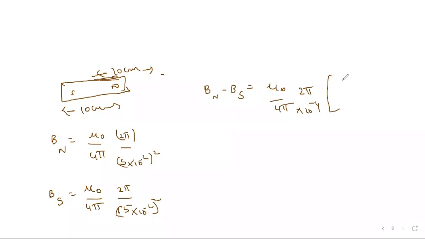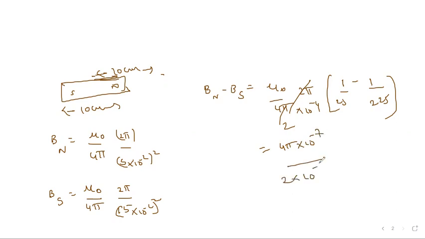Then you will have 1 by 25 minus 1 by 225. Mu naught by 4 pi will be 10 power minus 7. By taking the LCM, that is 225, 9 minus 1, that is 8 by 225.